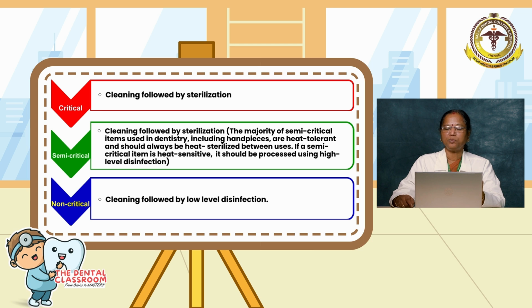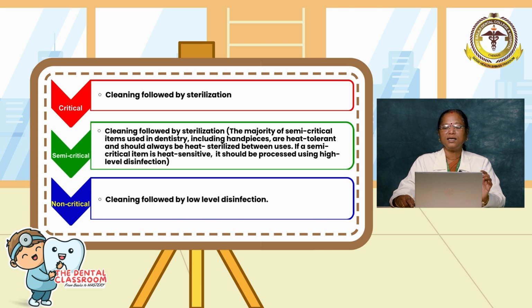The semi-critical ones, which do not penetrate the tissue, are also cleaned and followed by sterilization, depending on the type of instrument, whether it can withstand heat. Certain hand pieces do not withstand heat, so for them you need not go for that method. Those which can withstand heat, you can sterilize by autoclave or hot air oven.